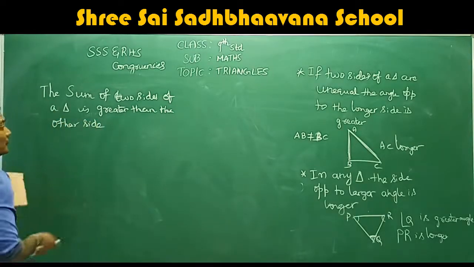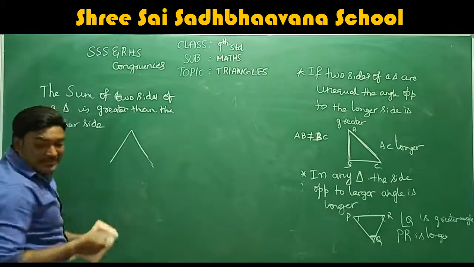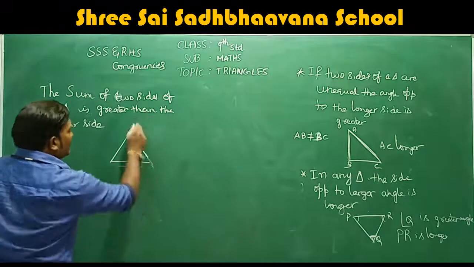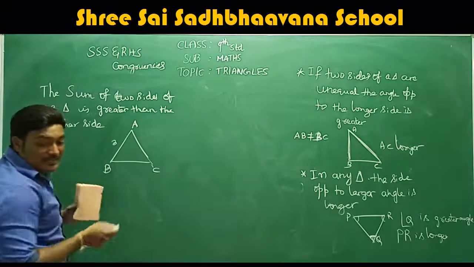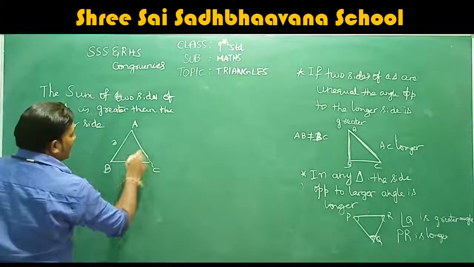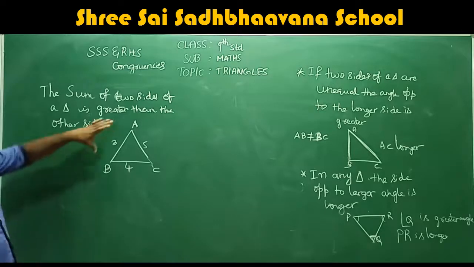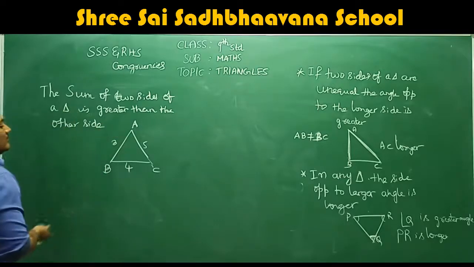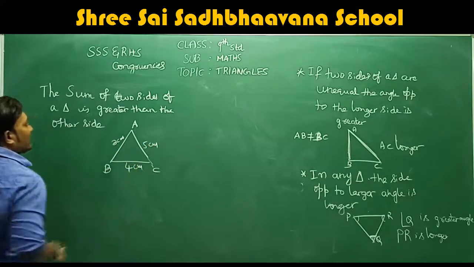Sum of two sides of any triangle, let me consider a triangle ABC. For example, if this is 3 and this is 4, this should be 5. That means 3 plus 4. See, AB I have taken as 3 centimeters, BC I have taken as 4 centimeters, and AC I have taken as 5 centimeters.